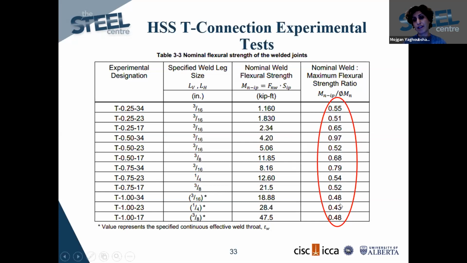If you look at this column, you will see all these ratios are smaller than 1, which means that fracture in the weld prevails in the design of the connection.